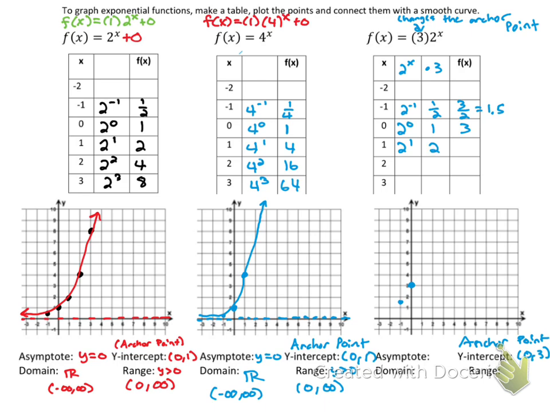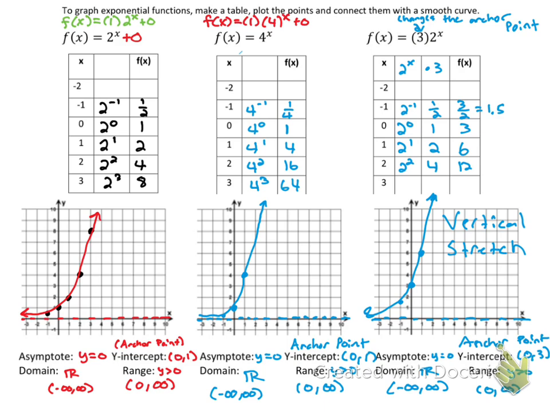Times 3 is 6. Good. 2, 6. Then we'll have 2 squared is 4 times 3 is 12. Okay. So again, as you can see, what is B? 2. Each time our y is doubling. Good.